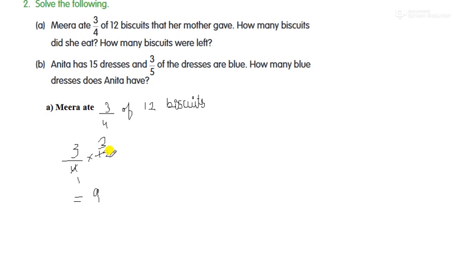So out of 12 she ate 9 biscuits. So 12 minus 9 is remaining 3 biscuits. So number of biscuits left equals 3.